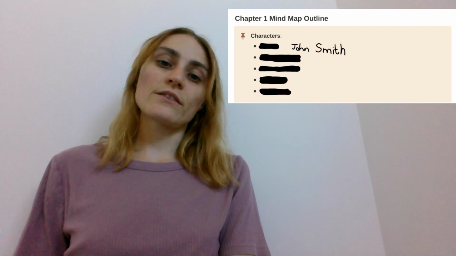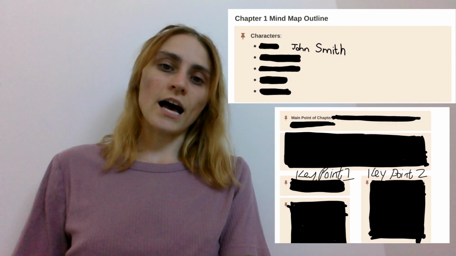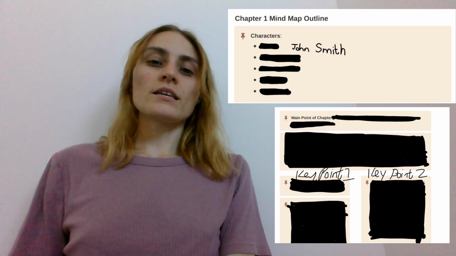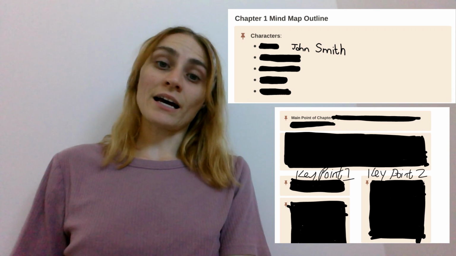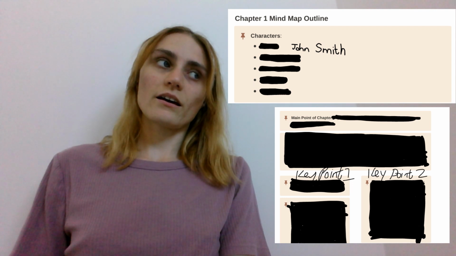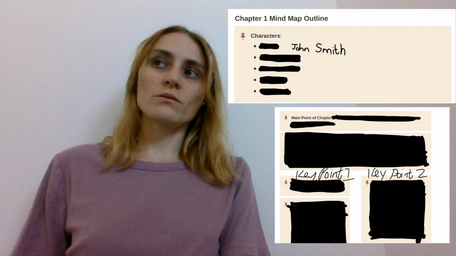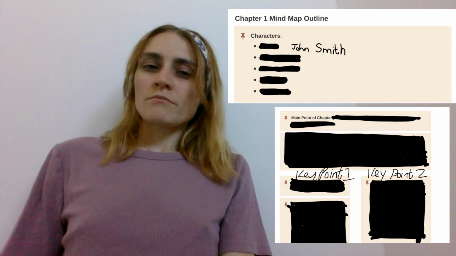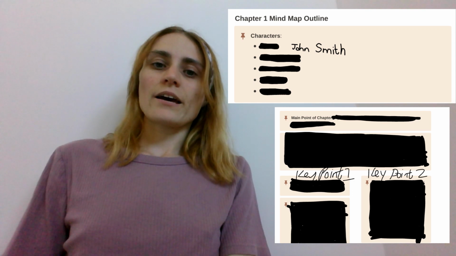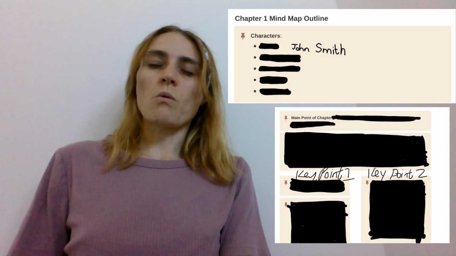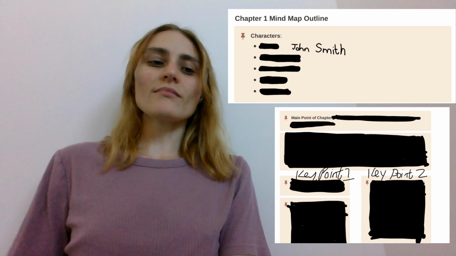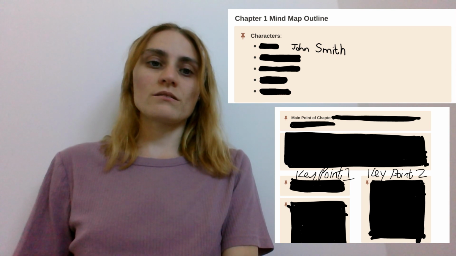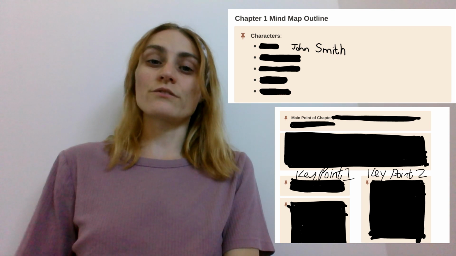And then underneath the character box, I have a main point of the chapter. In that main point, that's basically my guide. I use that to go back to a certain theme for each chapter. That way I'm not veering off into wild directions, and it helps keep me on point and helps the key points flow.